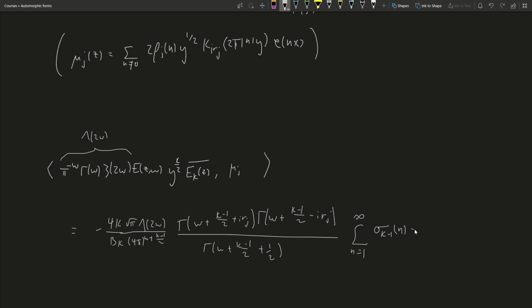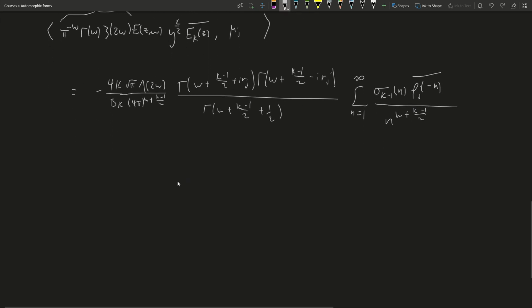And then rho_j of minus n, complex conjugate, divided by n to the w plus k minus 1 over 2. So it's exactly the same as the case for a cusp form.